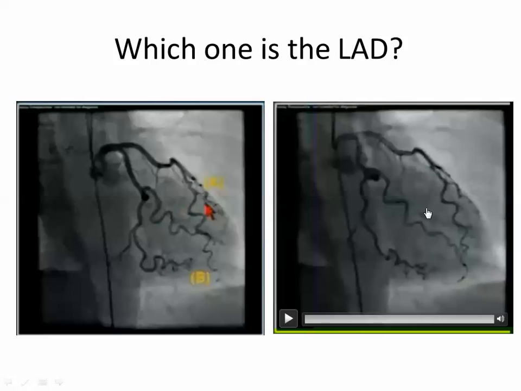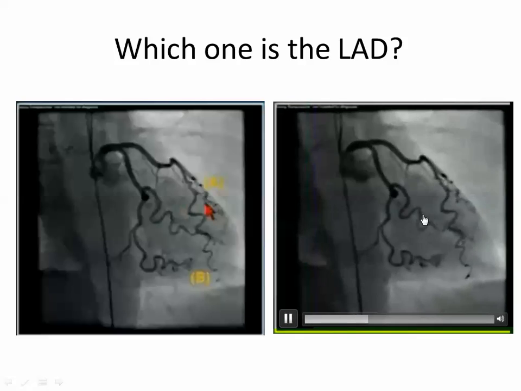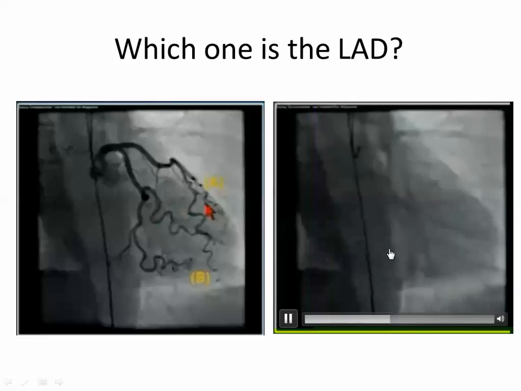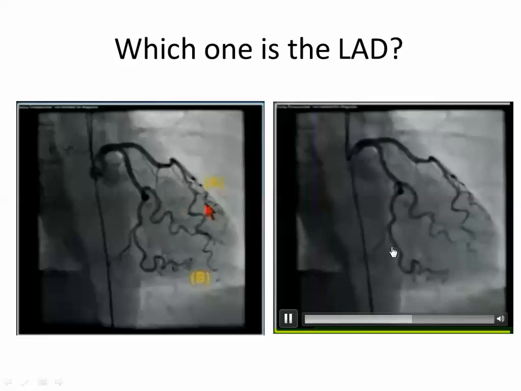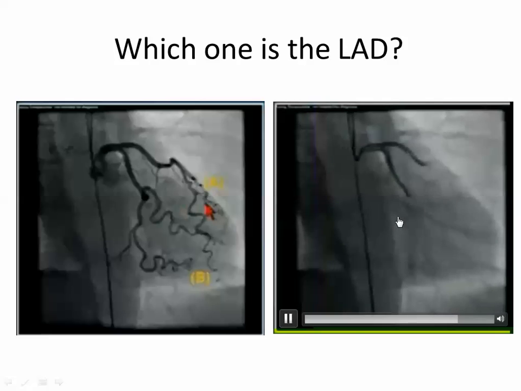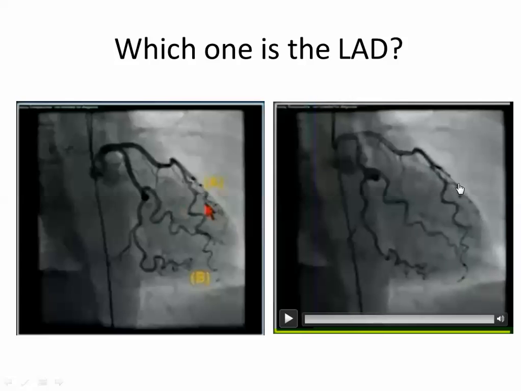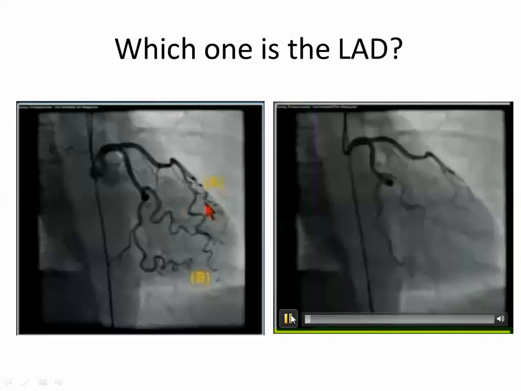So, what's the kissing sign? That all vessels are moving in one direction, and the LAD in the other. The OM and PDA or second OM are moving upward, and the diagonal is moving upward, while the LAD is moving downward.